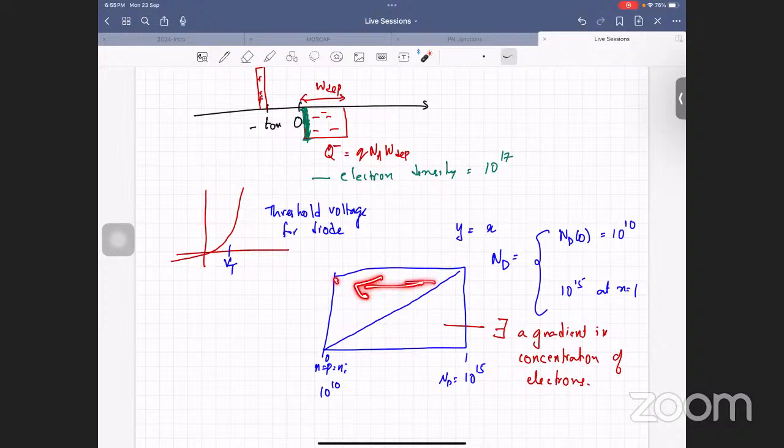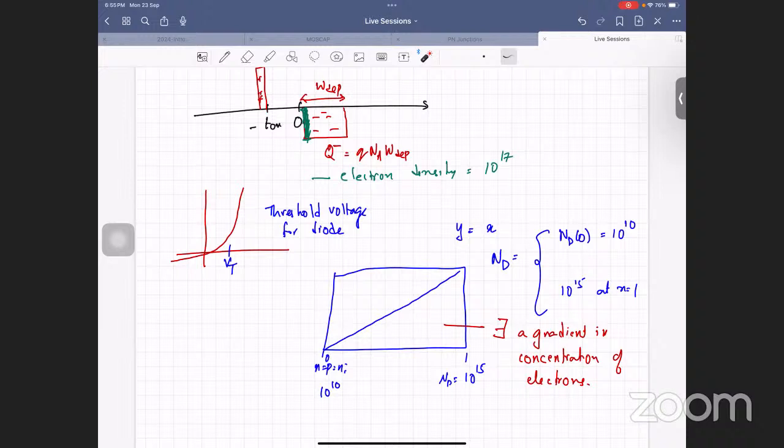When electrons diffuse, there's going to be some exposed positive charge. There will be a larger amount of positive charge here and a smaller amount here, because of which you will have an electric field.